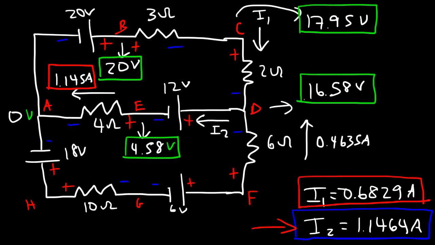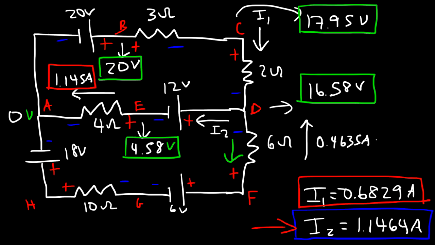Now, let's start back at D and let's go towards F. So as we travel from D to F, is this a voltage lift or a voltage drop? Notice that we're going against the current and we're going towards a higher potential from low to high. So that's a voltage lift. So to calculate the voltage across the 6 ohm resistor, it's going to be 6 ohms times 0.4635. That's the current flowing through it.